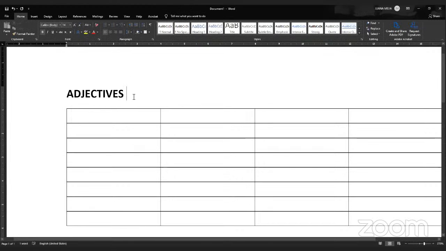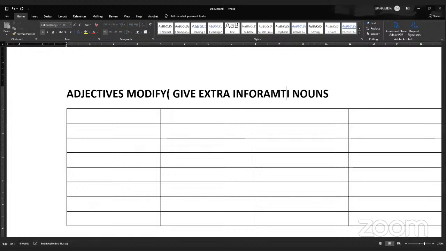That means an adjective can modify a noun. When I say modify, I mean give extra information.